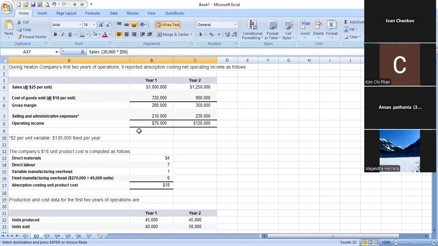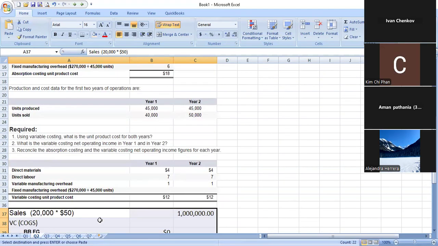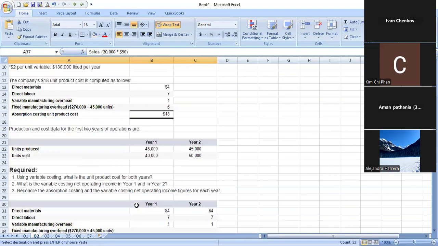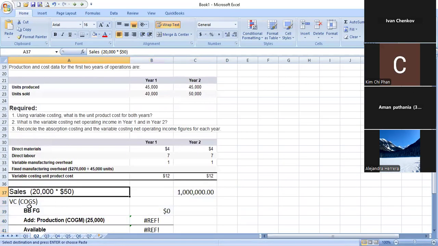Do I have my sales? Yes. My sales is 1 million here, because how many am I selling the first year? It doesn't say. Yeah, 40,000. So the first year I'm selling 40,000. Let's adjust to those numbers.